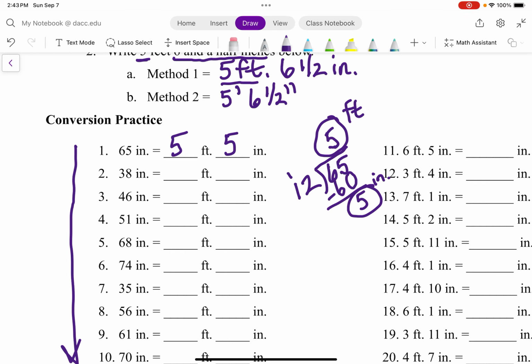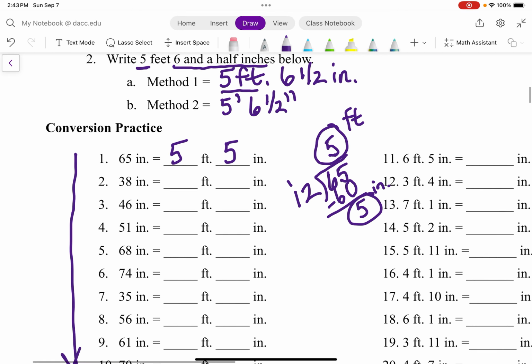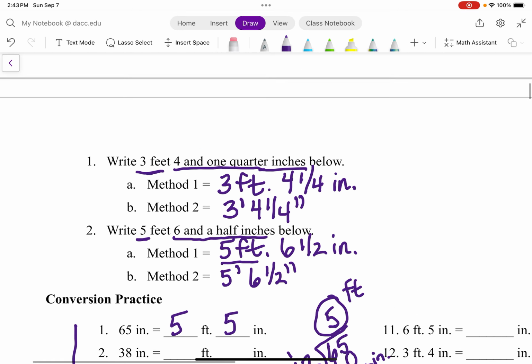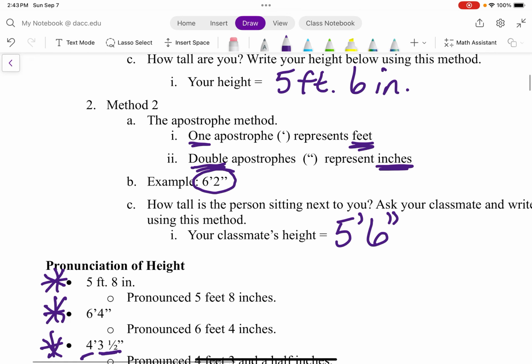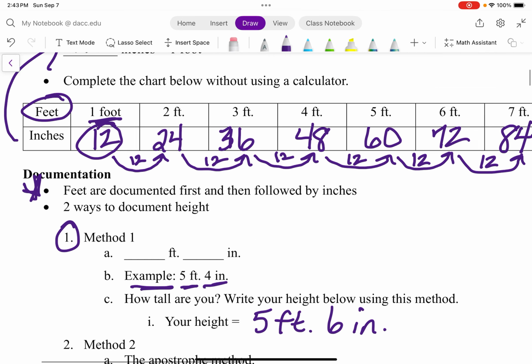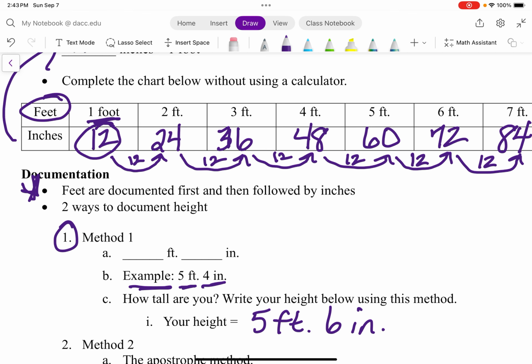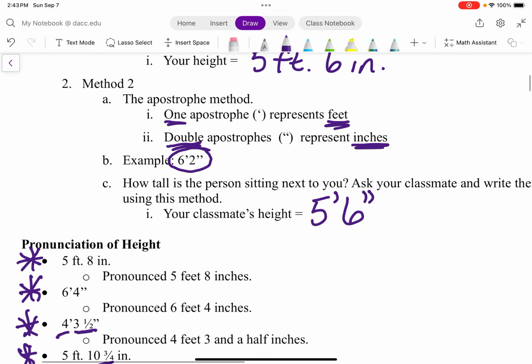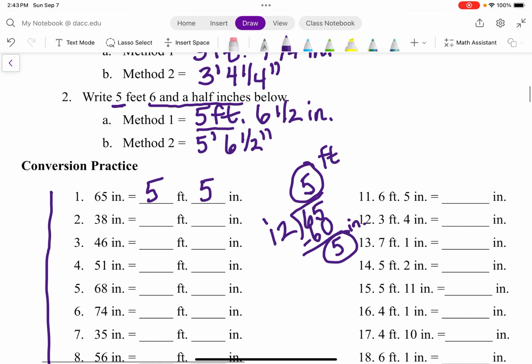The other way is to remember, I'm going to scroll back up here. We can scroll up to this chart that we created. In this chart, we can see there's 60 inches and 5 feet. So if we remember that, we can come down here and say, okay, the question is asking us for 65 inches.